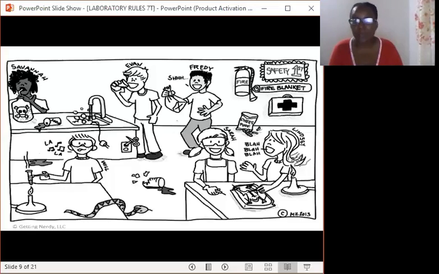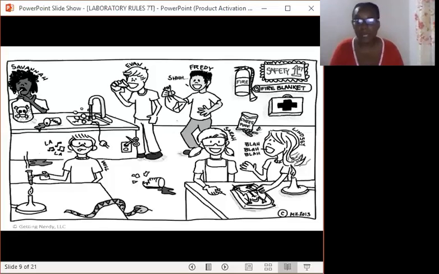If we look at that snake there, we will realize that that is also unsafe. In previous slides, we spoke about the fact that even animals should not be in the lab. And also, if we look on the floor in the middle, we see a broken beaker with chemical on the floor that is not cleaned up, and no one is paying attention.